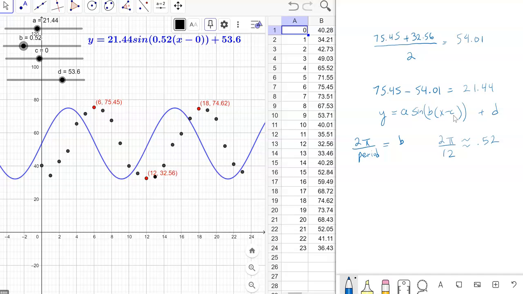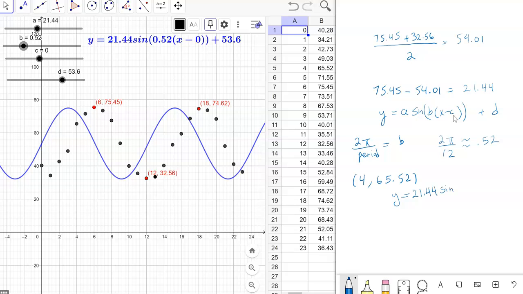And to do that, what I'm going to do is take one of the points on my graph. It doesn't matter which one. So I'm just going to take maybe this one right here, 4 and 65.52. So 4 and 65.52, and plug them into our equation, which at this point we know the a for. The value of a was 21.44.